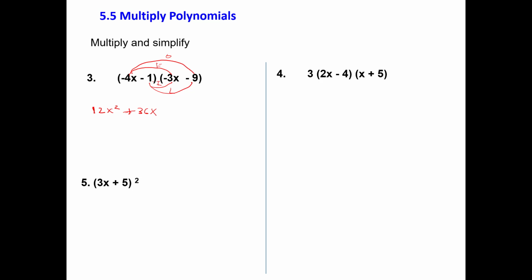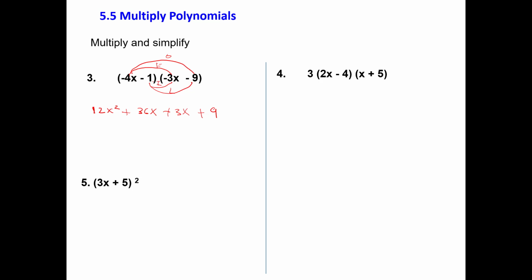Now we multiply the inside terms. Negative times negative is positive. Positive 1 times 3 is 3x. Now the last term, negative times negative is positive. 1 times 9 is 9.